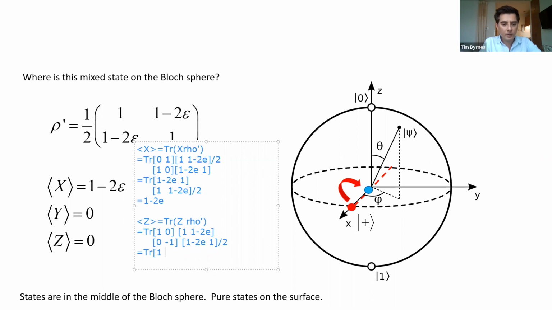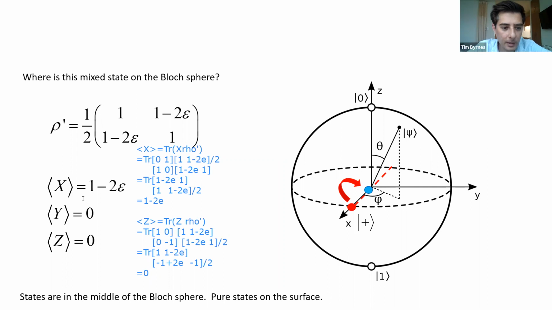This guy will be 1 minus 2e. This one will be, right, minus 1 plus 2e. And this one will be minus 1, divided by 2. And then if we take the trace of this matrix, it'll be 1 and minus 1, and so this is 0. Yeah. So basically, in this way, we can evaluate these kinds of coordinates on the Bloch sphere.